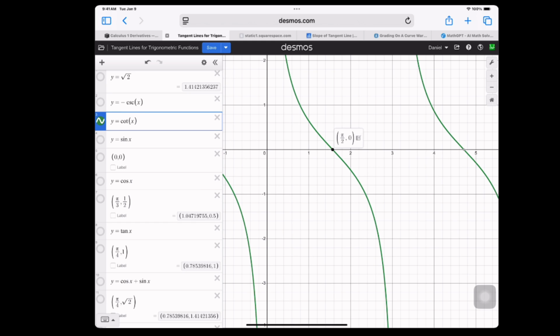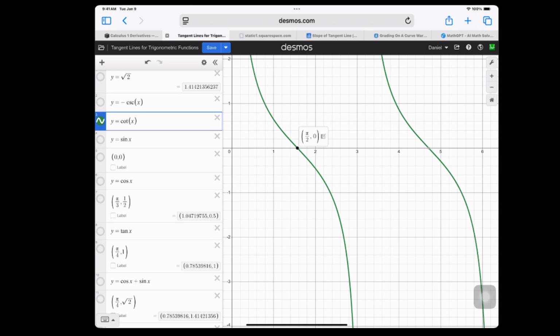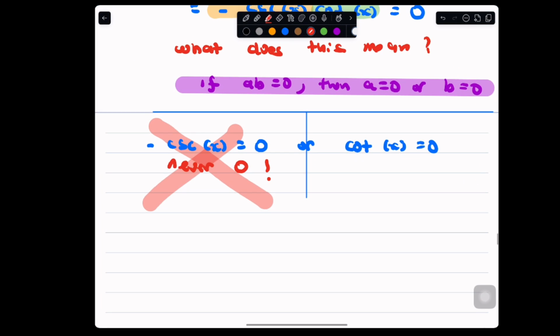It also happens at 3 pi over 2. So we can find that by graphing cotangent, going back to our fundamental curves that we graphed in trig. What's the solution? Pi over 2 and 3 pi over 2. So x is pi over 2 and x is 3 pi over 2.